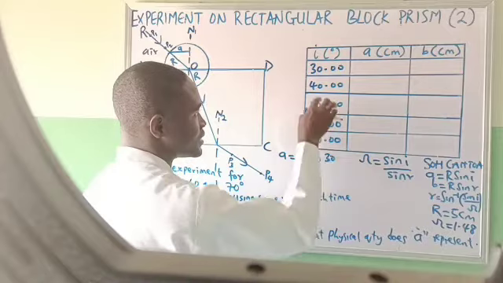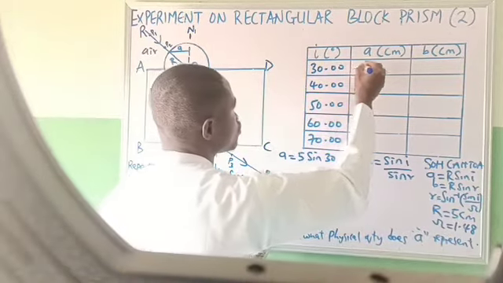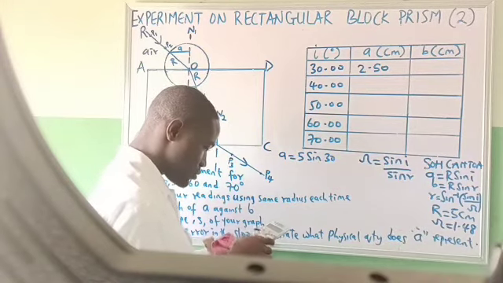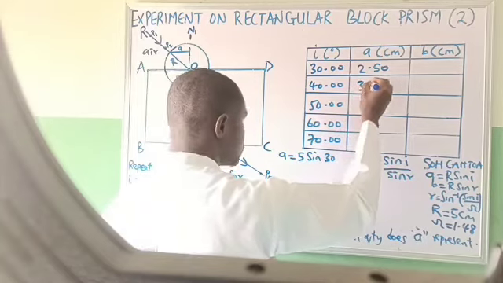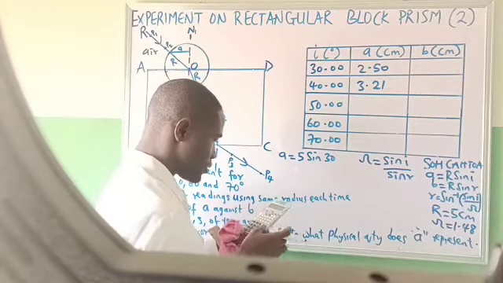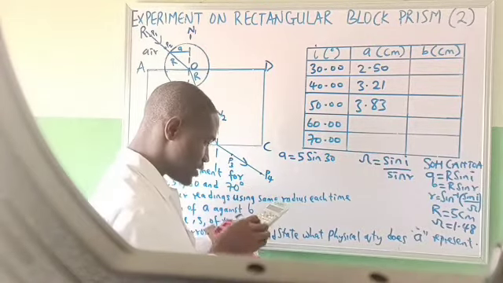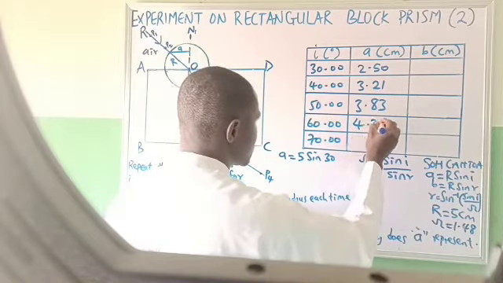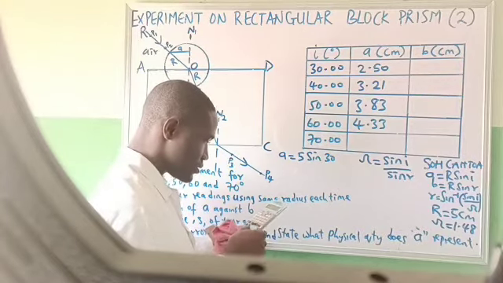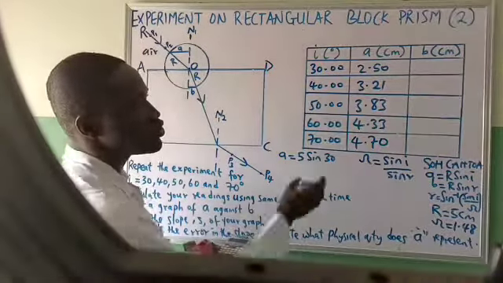I is 30, that is the first value. 5 sine 30, that is 2.50. 5 sine 40, 3.21. 5 sine 50, 3.83. 5 sine 60, 4.33. 5 sine 70, 4.70 approximately. That is to two decimal places.